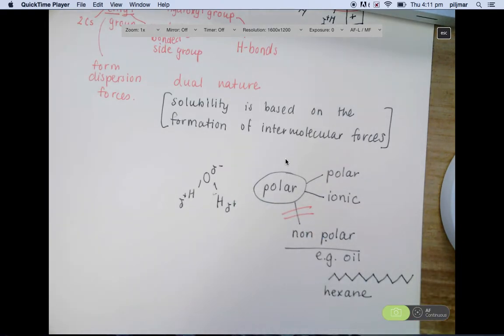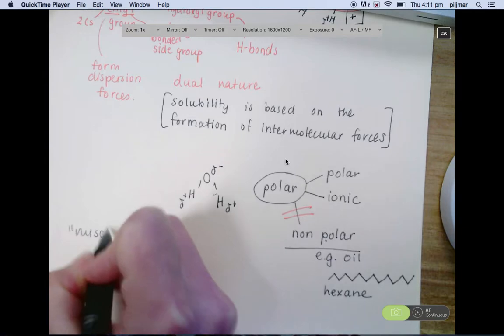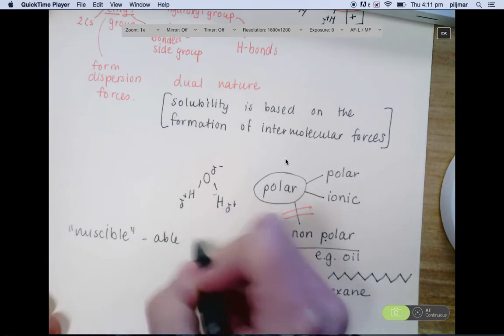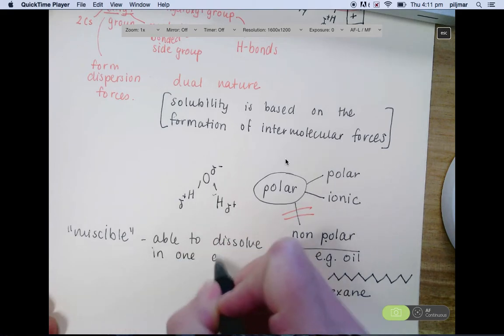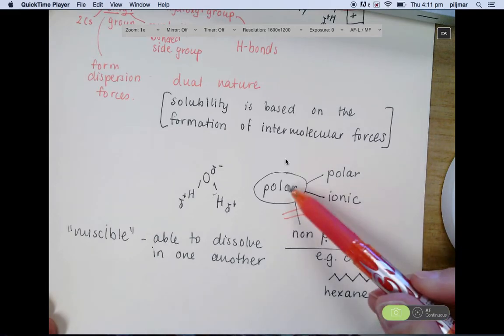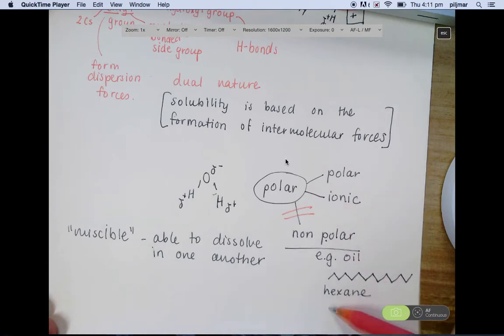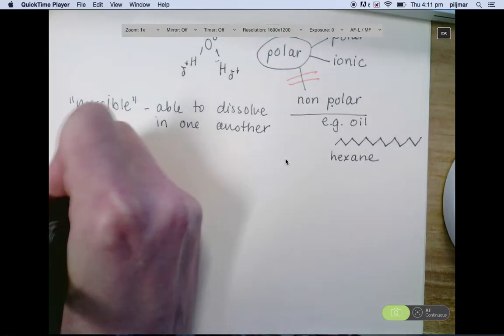It will not be able to dissolve in water. And that's something that you're going to be testing tomorrow. So when substances can dissolve in one another, we call them miscible, able to dissolve in one another. So polar substances and ionic substances are miscible in polar water, whereas non-polar substances, for example oil and hexane, will be immiscible in water.